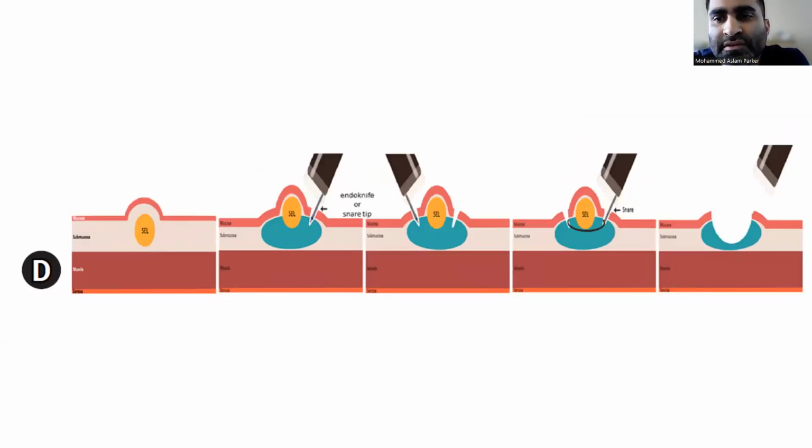Then you have EMR after circumferential incision or pre-cutting. Essentially, you're creating a space for your snare to go around to get under the lesion so that you don't leave any remnant.